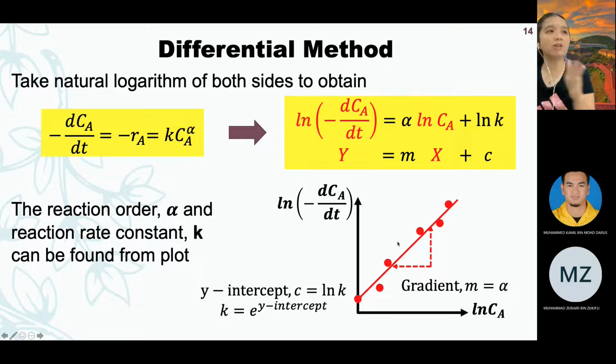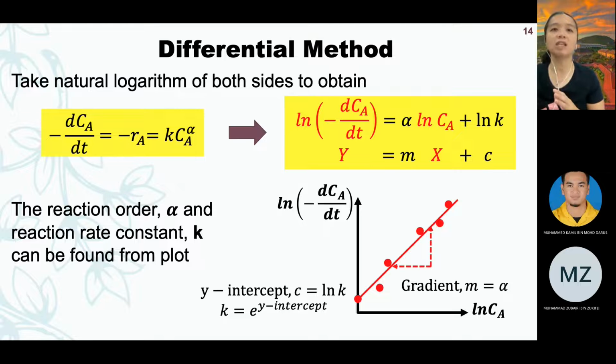Okay. So there you can see from the equation, the gradient is equals to your alpha. So y equals to mx plus c. So from the equation, my gradient or my slope of the plot will be my alpha, the reaction order. So let's say you plot a graph from Excel, Excel will give you the gradient value.